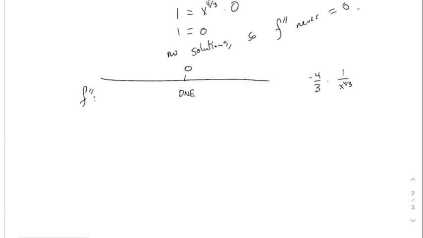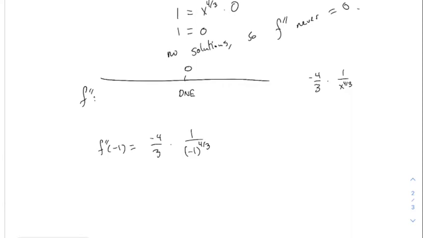So on the left side, I will use -1. It's going to say negative 4/3 times 1 over negative 1 to the 4/3. Remember that 4/3 power down there means do the 4th power and then take the cube root, or do the cube root and then take the 4th power. It's either way. I'll do the 4th power first. That turns the -1 into a +1, and then you do the cube root of +1, which is +1.